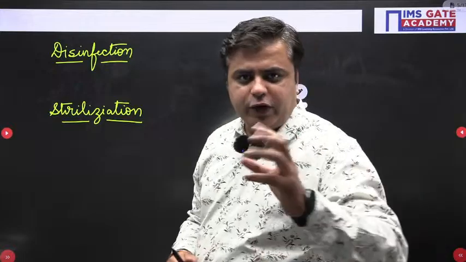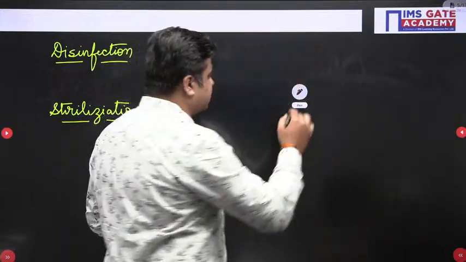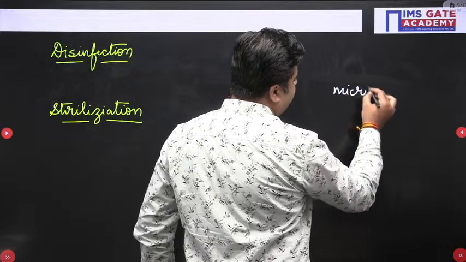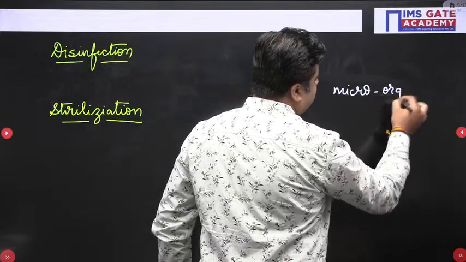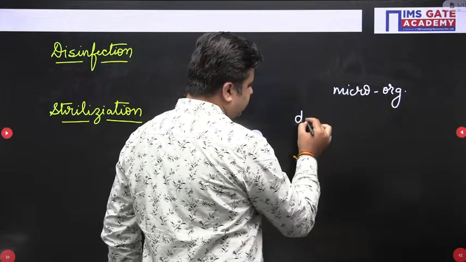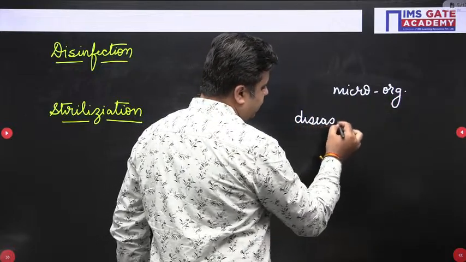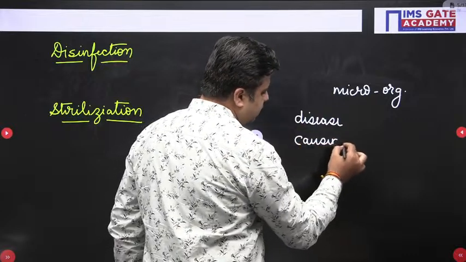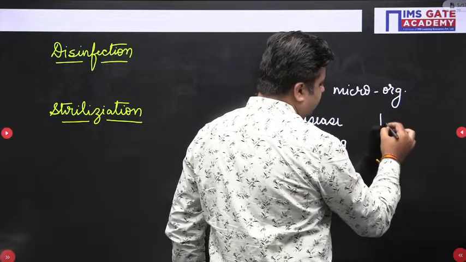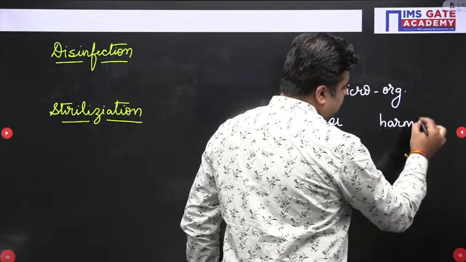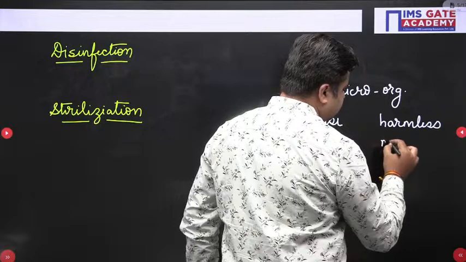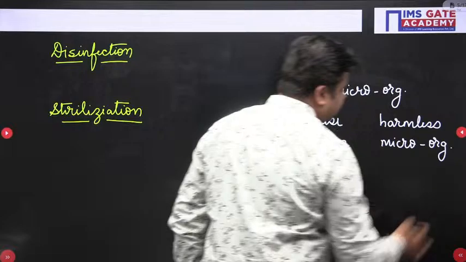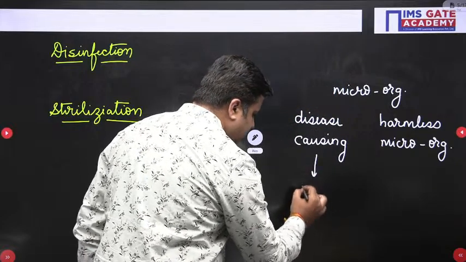First of all, if I have to explain this, you understand it like this. Microorganisms are of 2 types: disease-causing microorganisms, and harmless microorganisms, which do not cause any disease.